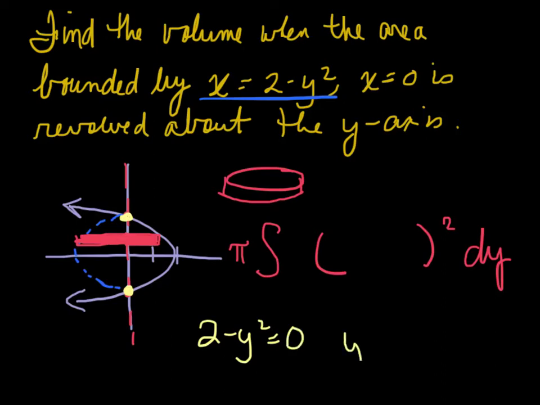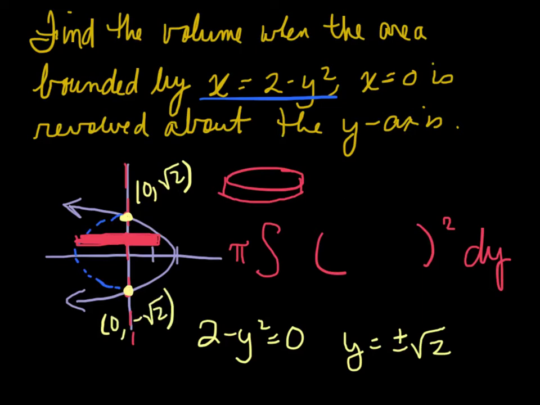Well, if I solve that, I'm going to get that y is plus and minus the square root of 2. Okay, so this would be the point 0, square root of 2, and down here would be 0, negative square root of 2. So then I have the option of doing my limits of integration from negative square root of 2 to positive square root of 2.